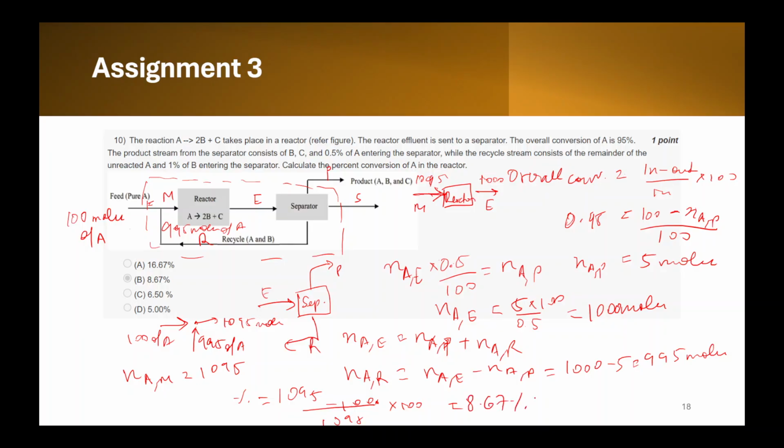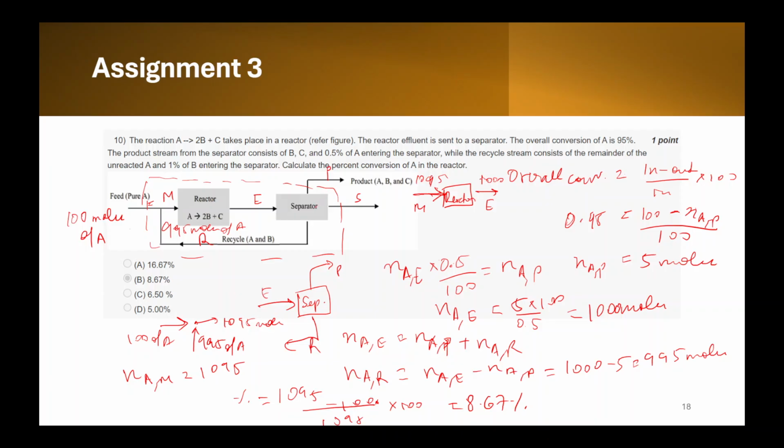Okay. So basically what the question asked you was the percent conversion of A. You did not know how much of A is in this stream and how much of A was in this stream, M, but you know the overall conversion of A. So if you take some basis, you can first find A in the product.